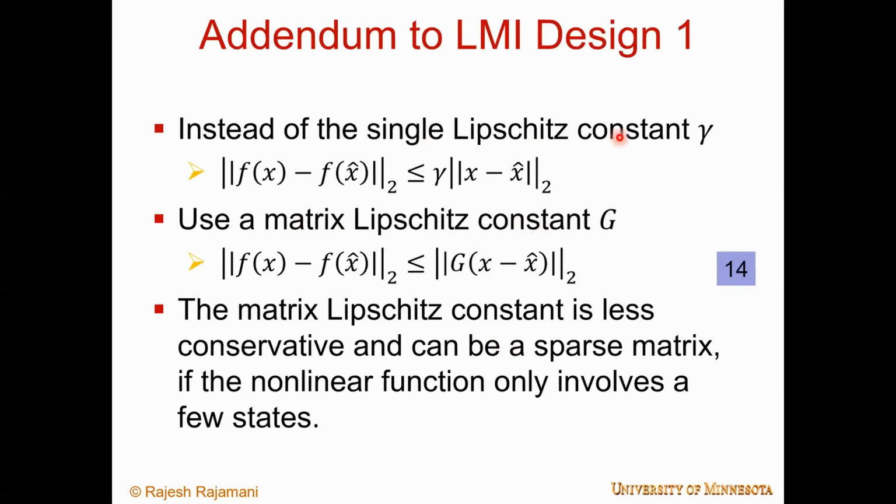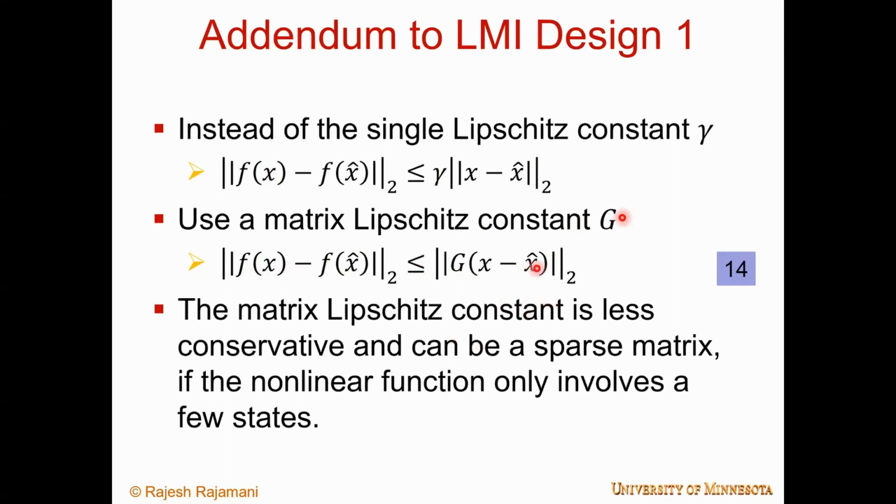So you can replace the constraint on f of x with a scalar Lipschitz constant by this matrix Lipschitz constant: norm of f of x minus f of x hat is less than or equal to the norm of G times x minus x hat.